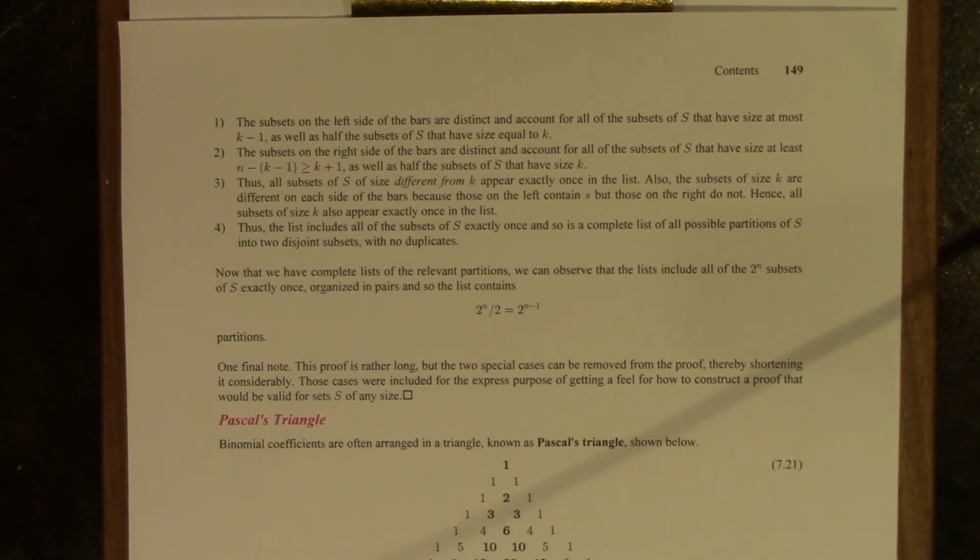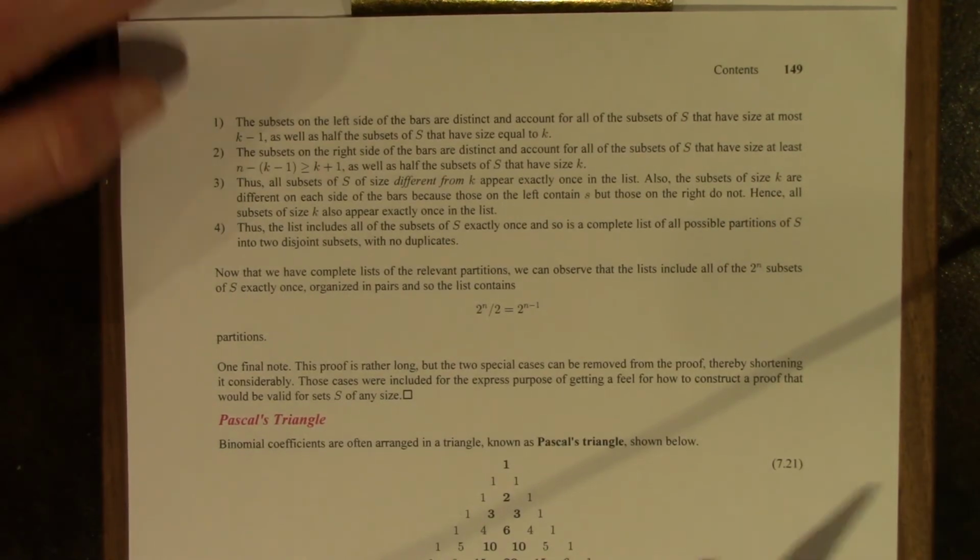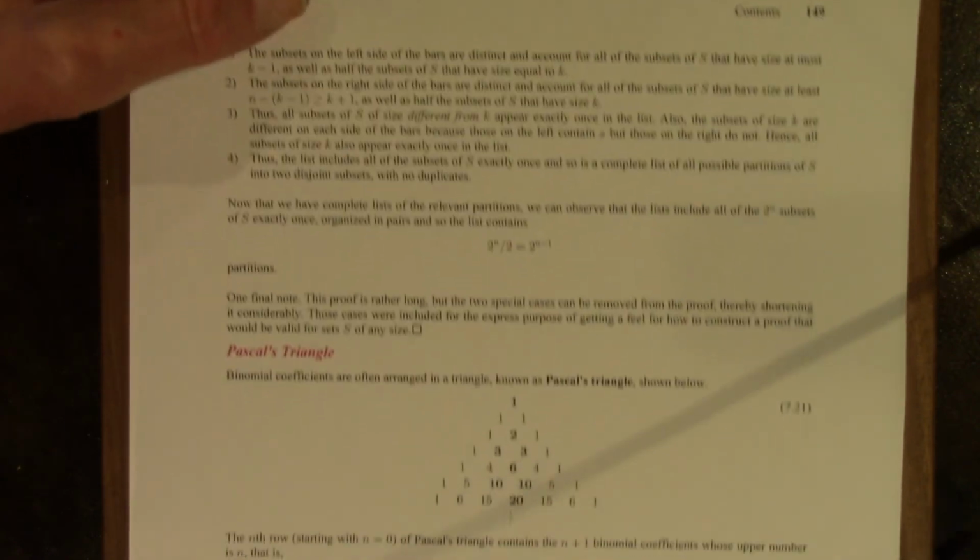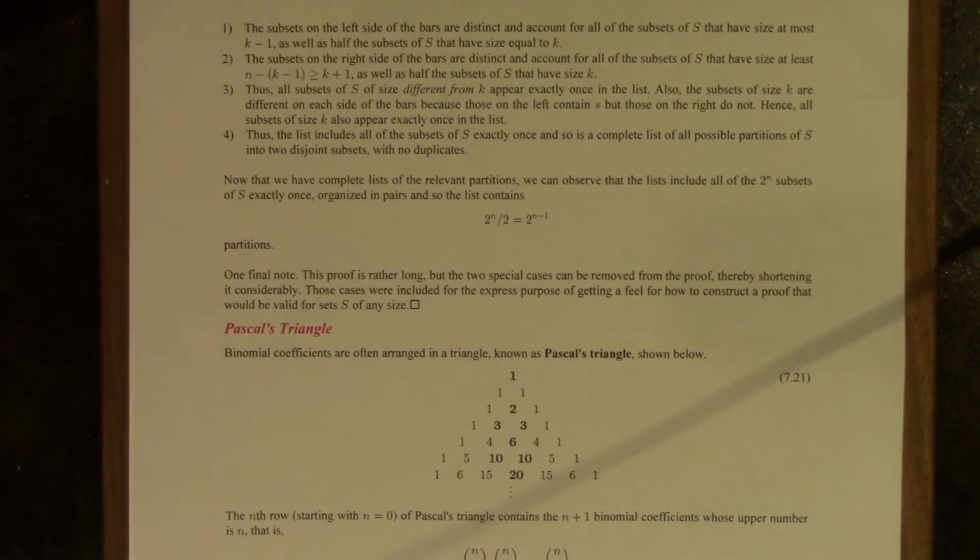And there's no duplicates across the bars because all the subsets of size K on the left contain little s, but none of them on the right contain little s. So again, we have a complete list because every subset of S appears somewhere on the list with no duplicates.